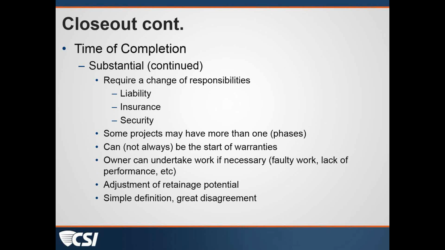If you have a phased job or one that is completed in stages, we typically try not to have varying completion dates, for ease of warranty and ease of long-term operation by the owner. But sometimes it's not avoidable. Substantial completion is not always, but typically, when the warranty begins on roofs or other parts of the project, and manufacturers' warranties for the equipment.